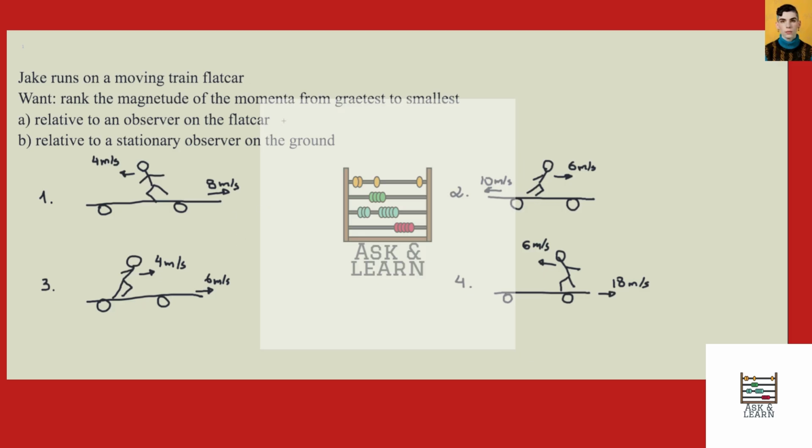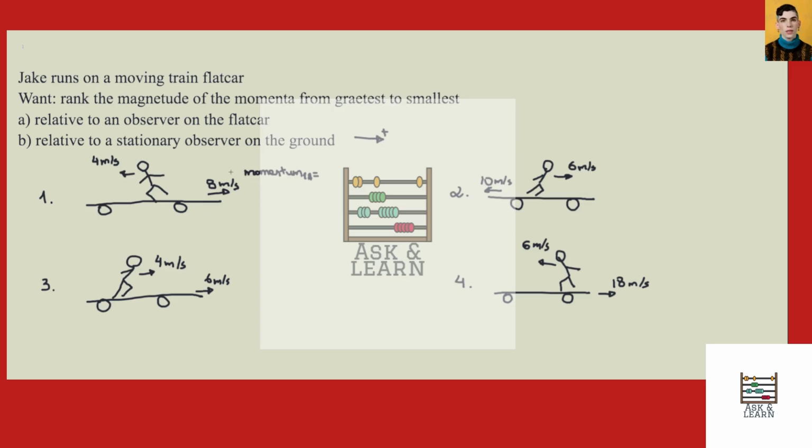So let's start with part A, and let's call the momentum for situation 1, momentum 1A over here, and we're going to say that the positive side is pointing towards the right.